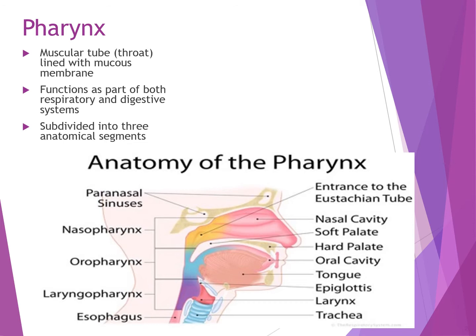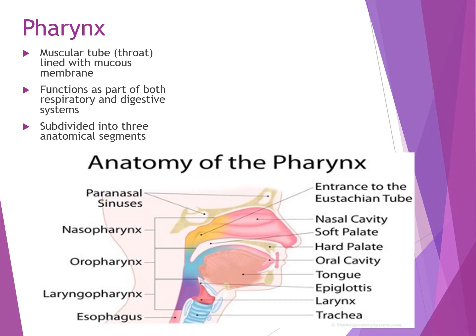So the medulla and the pons regulate the involuntary swallowing mechanism, and then areas of the cerebrum are going to regulate the voluntary motor control of swallowing, right? We can swallow on command.